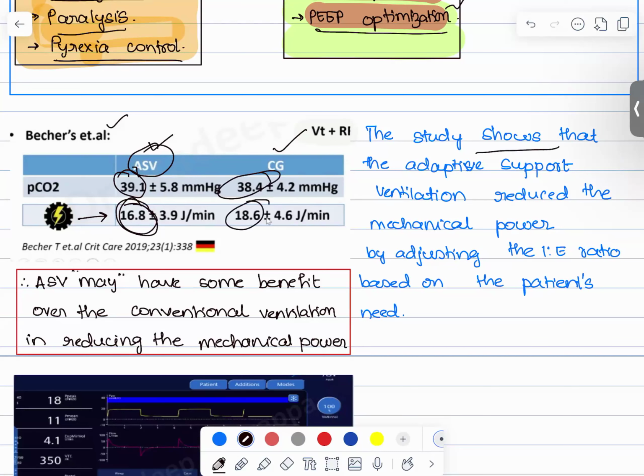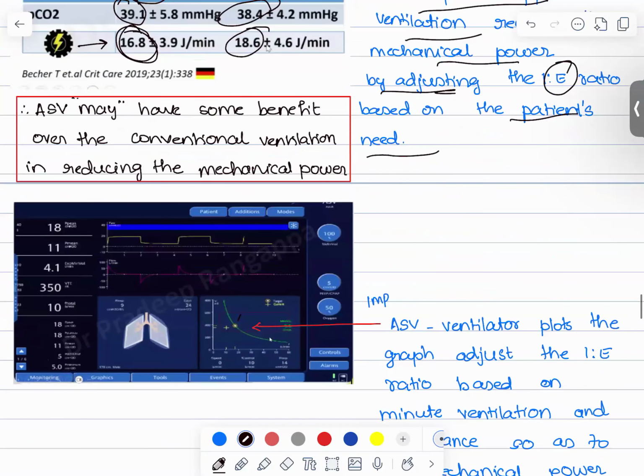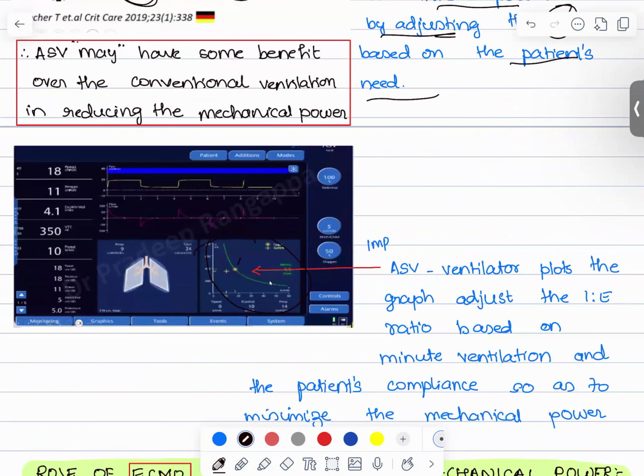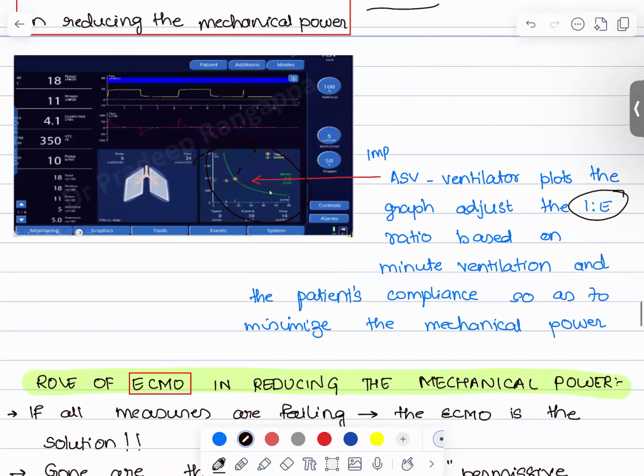This study supports that adaptive support ventilation reduces the mechanical power by adjusting the IE ratio based on the patient's need. This is the graph where the ventilator plots and adjusts the inspiratory to expiratory ratio based on the patient's compliance so as to mitigate the increase in the mechanical power.